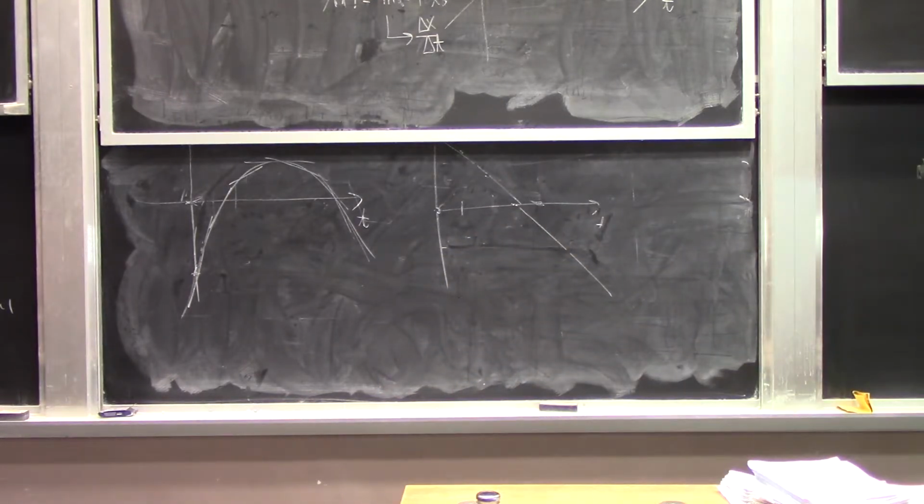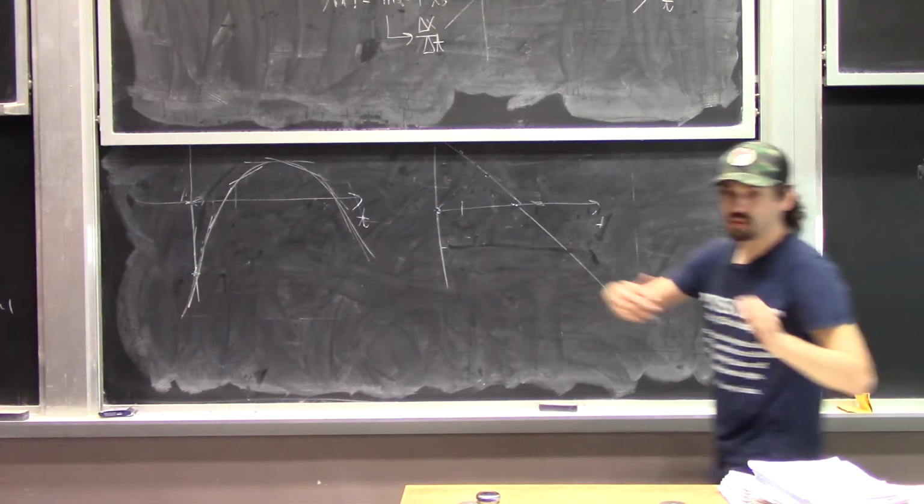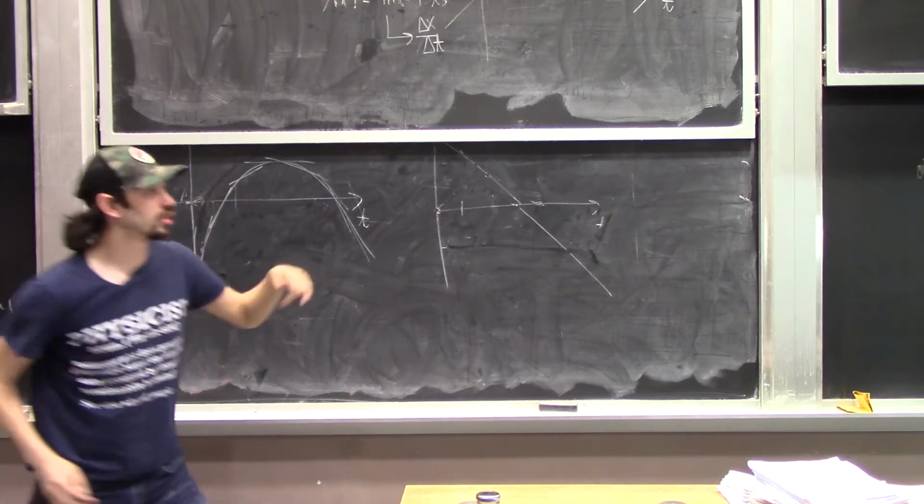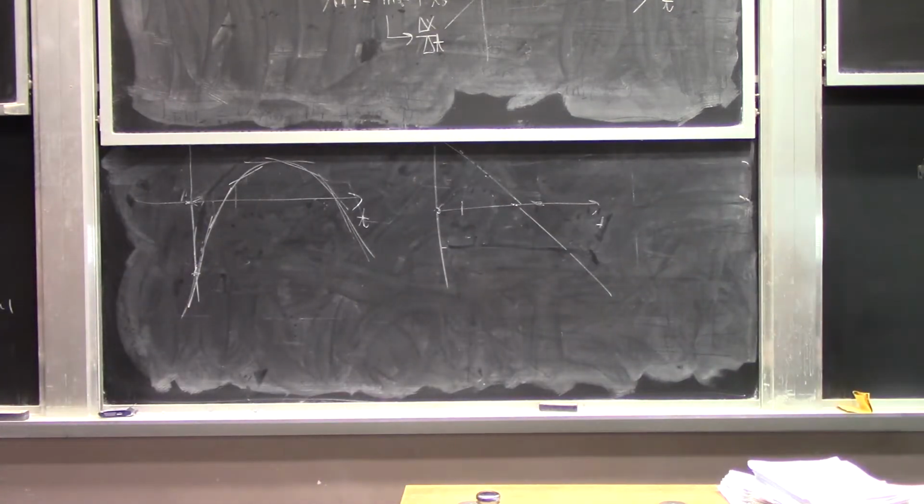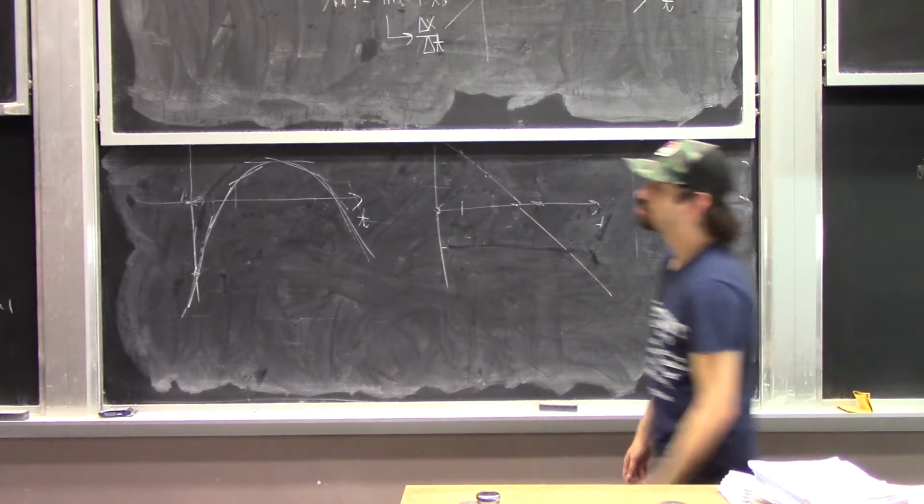B starts with a higher velocity than A does, but A has a constant velocity, and B is slowing down as time goes on. So there is some point, and it's hard for me to point to, I don't have my laser pointer today, where the slope of A is the same as the slope of B, because B is changing from having a large slope to a small slope over the interval where the slope of A lives. So that one's true.